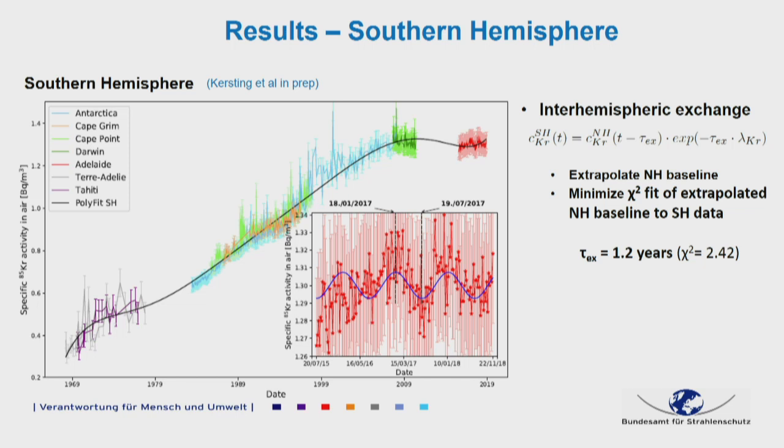By minimizing this chi squared, we can determine an exchange time tau of about 1.2 years between the Northern and the Southern Hemispheres.